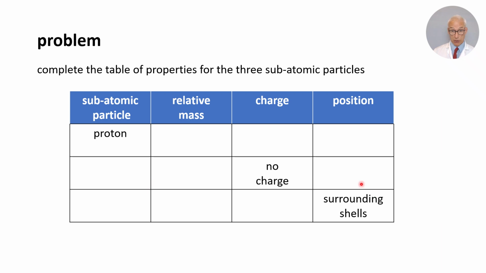What subatomic particle has no charge? What are the other details? And which subatomic particle is found in the surrounding shells, and what are the other properties? Okay, stop the lesson, complete those properties, and then come back to check your answers when you are ready.